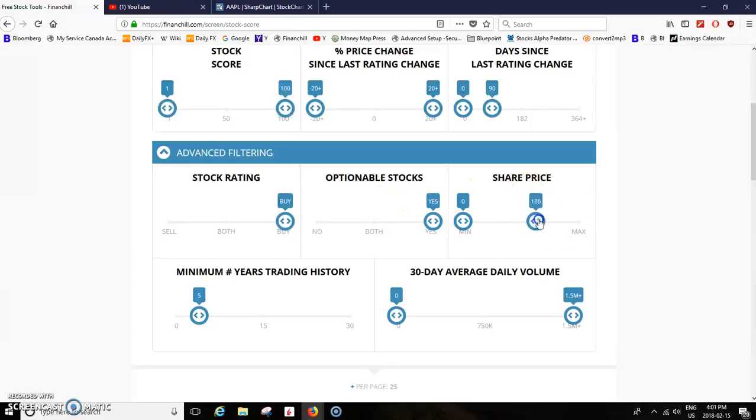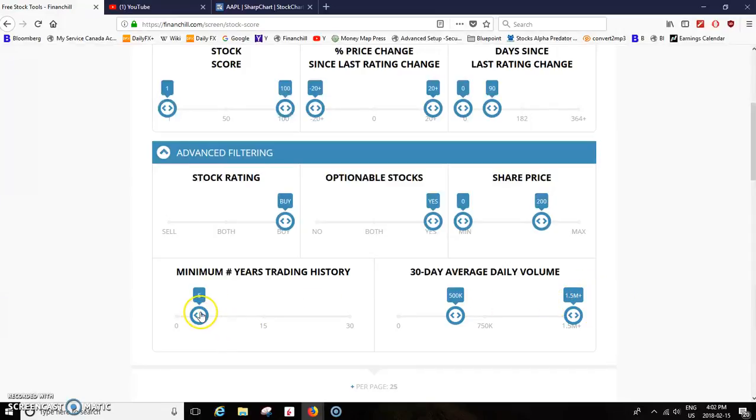We'll dial this down to, say, $200. 30-day average volume. You want to look for something over, say, 500,000 plus. That generally would be the large cap stocks, but you can also narrow it down. Apple will be amongst the higher float, or the higher traded amount.